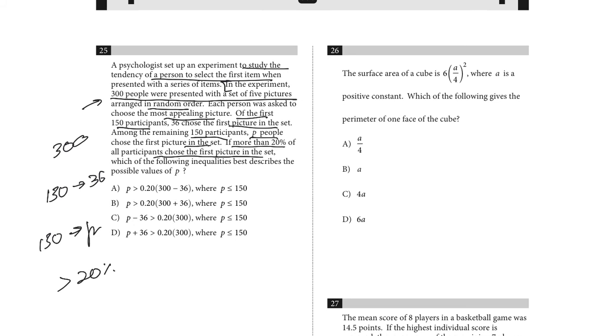Now P is the number of people who chose the first picture in the second batch of people. I don't think 36 has anything to do with this. So it really doesn't.